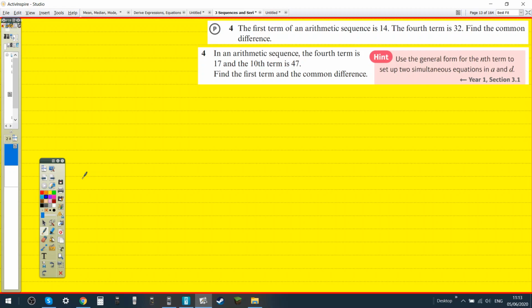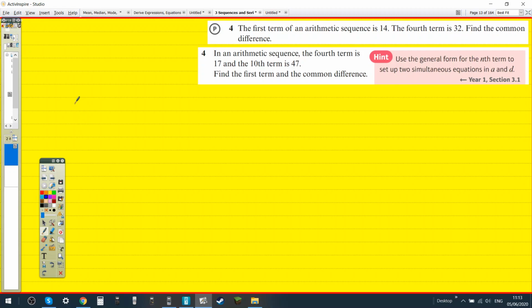Do I need to do something like 32 minus 14 divided by 4? That gave me 4.5.